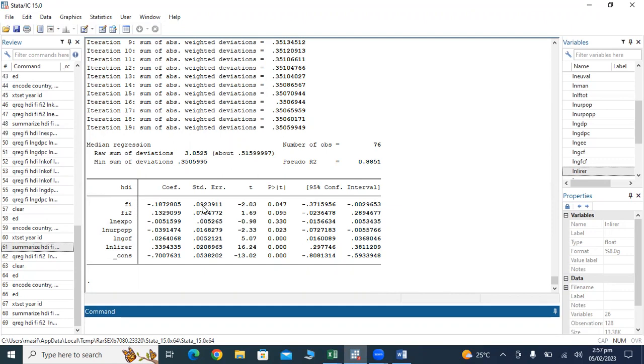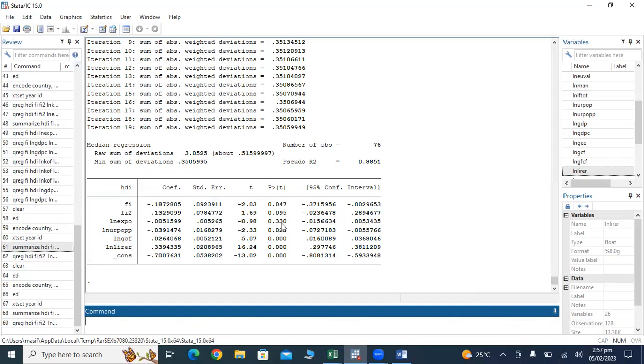Both variables are statistically significant because the p-value is less than 10%. When we multiply 0.047 and 0.095 by 100, it shows a level of significance below 10%, so these two variables are significant.